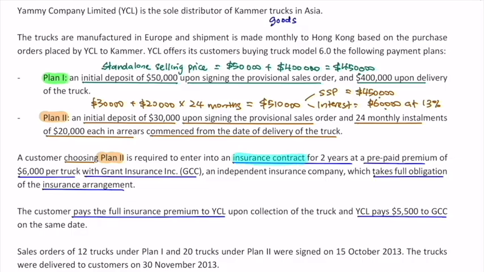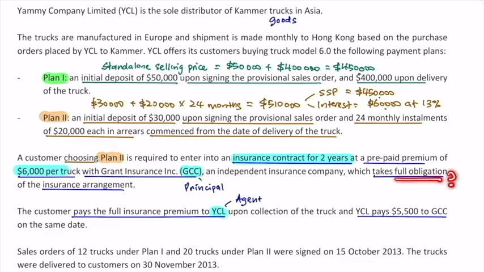For this insurance contract for 2 years at a premium of $6,000, YCL is acting only as an agent, whereas GCC is considered the principal. The reason is very simple: who has the primary responsibility to provide the insurance coverage is the principal. Who is subject to inventory risk is the principal.